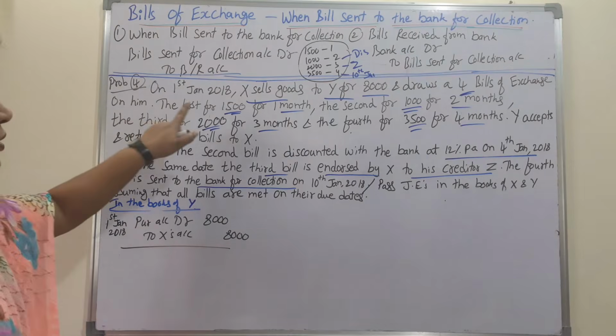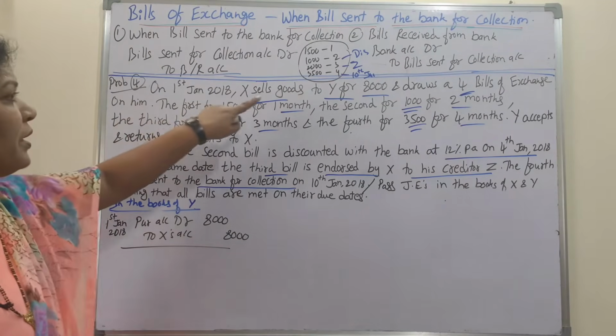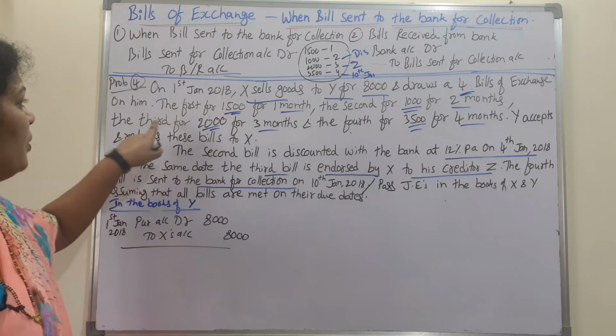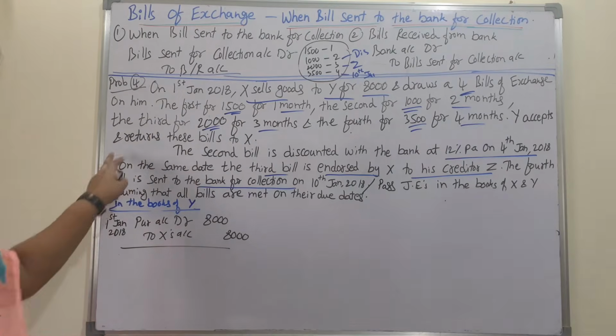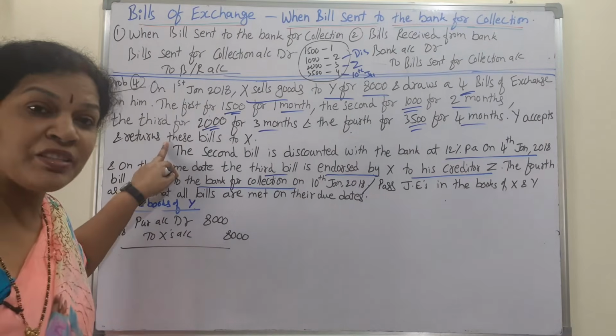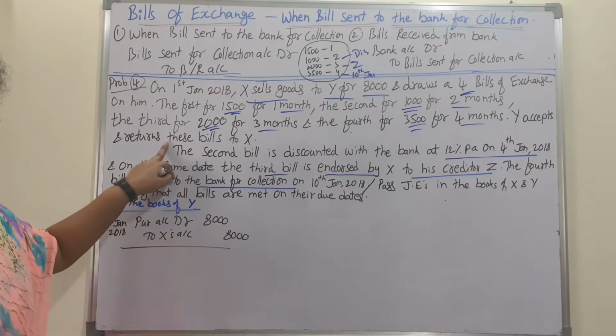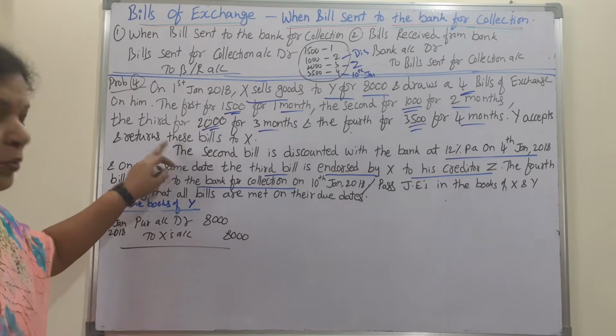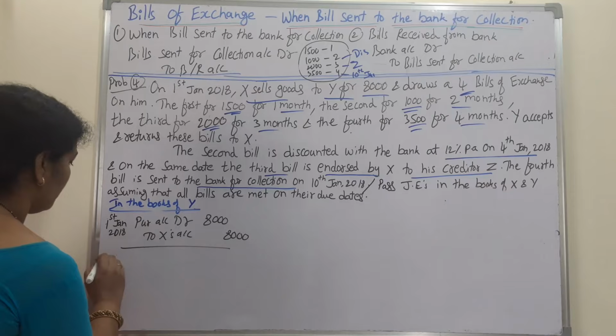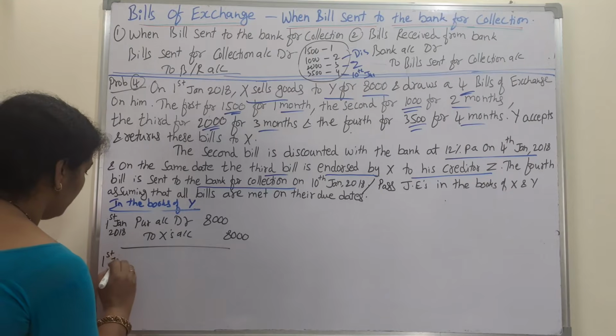Then after that, X is drawing an 8,000 goods bill on Y, and Y is accepting the bill. When Y is accepting the bill, the entry will be X account debit to bills payable account, same date, 1st January.